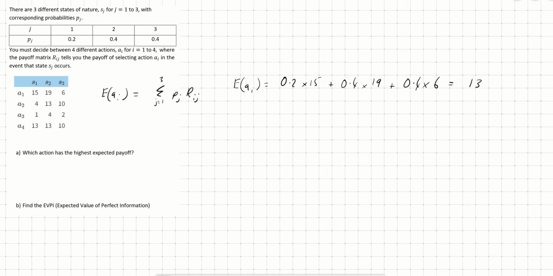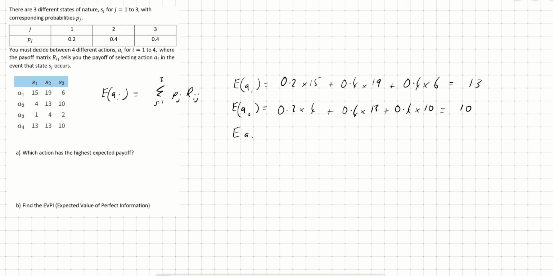For action 2, we're going to do the same, but for the second row. So the expected value of action 2 is 0.2 times 4 plus 0.4 times 13 plus 0.4 times 10. So we're just going to do the sum of our probabilities multiplied by our payoffs, and this now comes to 10.